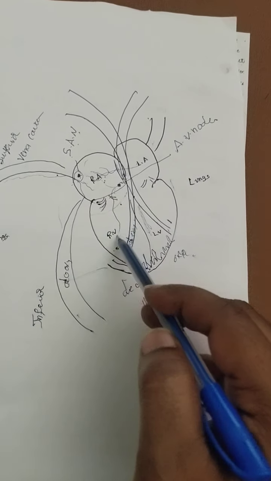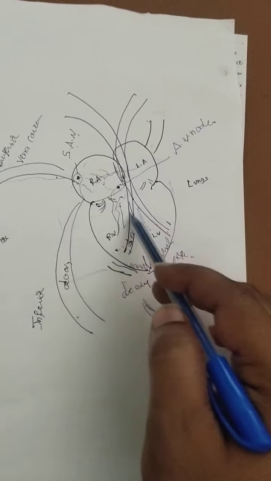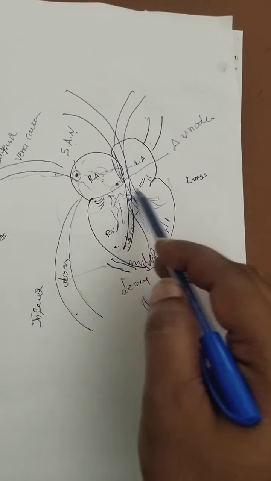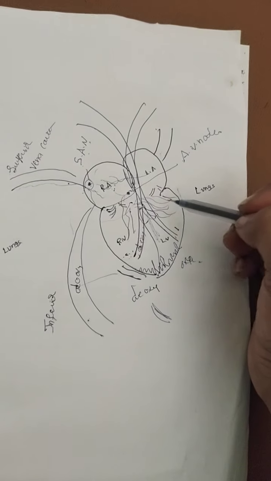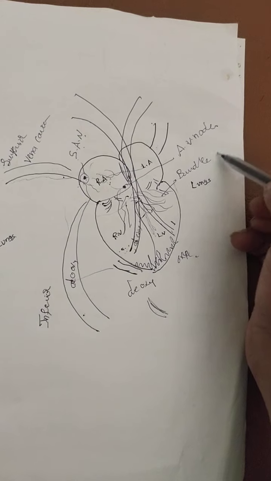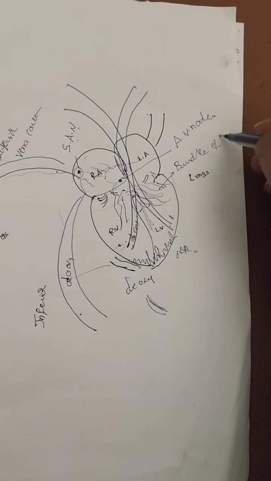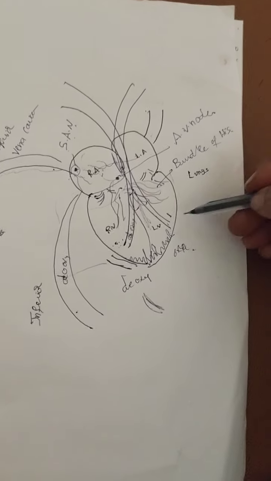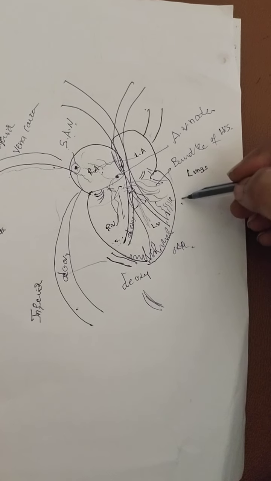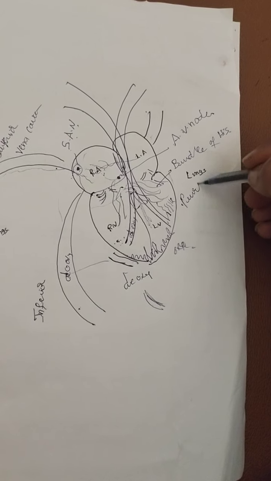They have specialized muscle fibers, which are modified cardiac muscle fibers. Those fibers are called the bundle of His. Here they have branches. Those branches are called Purkinje fibers.